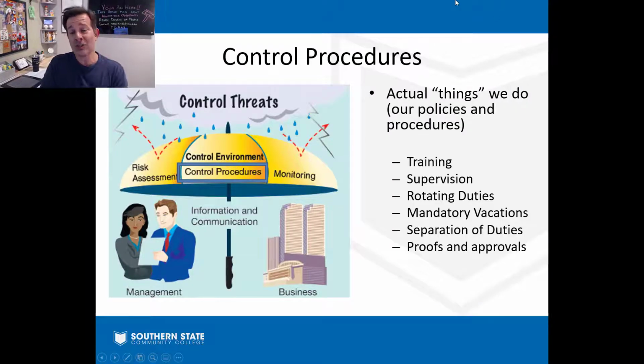And control procedures are the actual policies and procedures that we enact. Our training policies, what are the supervision policies we have, rotating duties among the employees, forcing accounting staff to take mandatory vacations. You may have heard people say, oh, such a hard worker, they never take a vacation. In the accounting world, that's a big no-no.